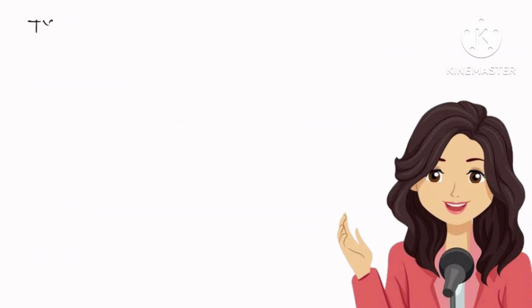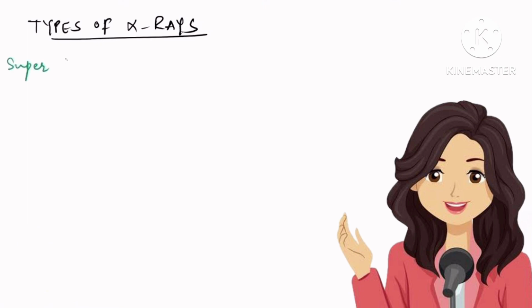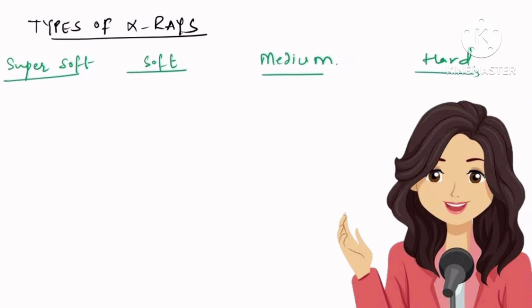There are different types of X-rays that you should know, starting from super soft X-rays, then soft X-rays, medium X-rays, and hard X-rays. As you look into the names, you will understand the purpose of these X-rays.